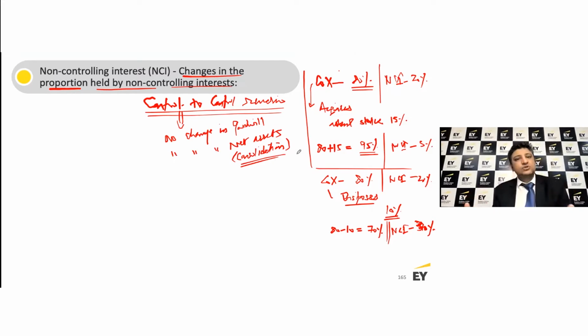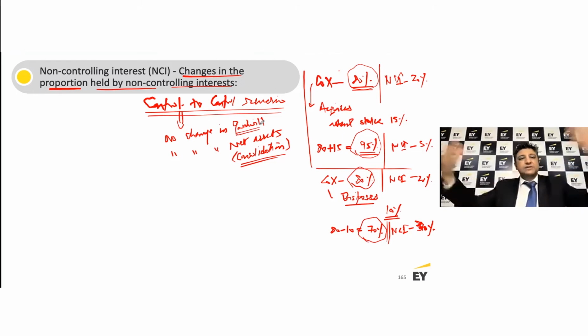When you had assumed control originally with 80%, you were consolidating the entire 100% of assets and liabilities of the other entity. It does not make any difference when this changes from 80 to 95%, or from 80 to 70%. You still control. There's no change in the goodwill.